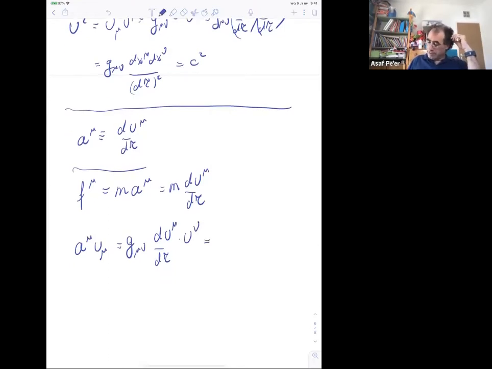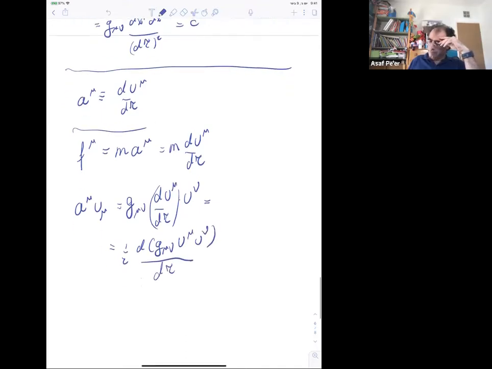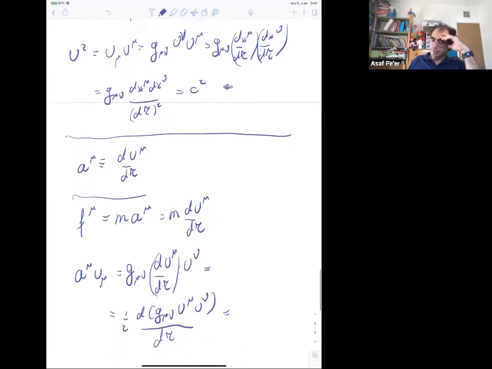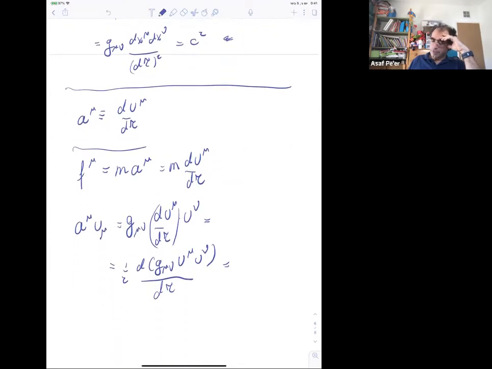But I can write it down as simply 1/2 d of g mu nu u mu u nu over d tau. But this is just the norm of u, which is just constant, c squared. So this is just 1/2 d of c squared over d tau, which is constant, which is 0, of course.